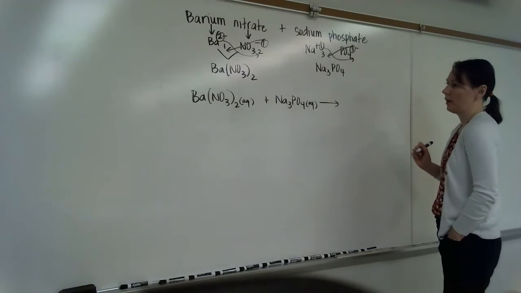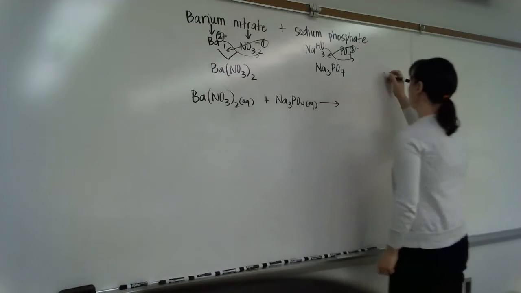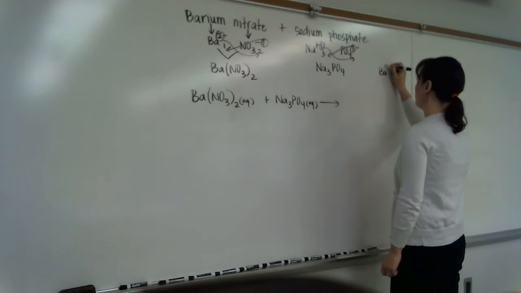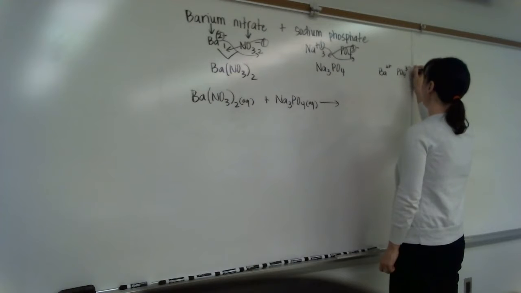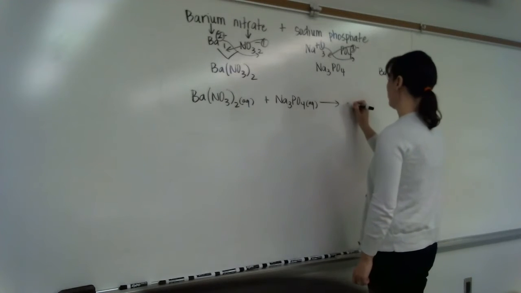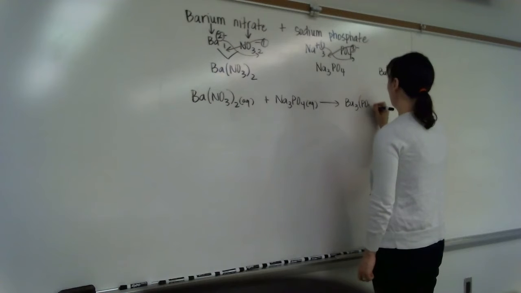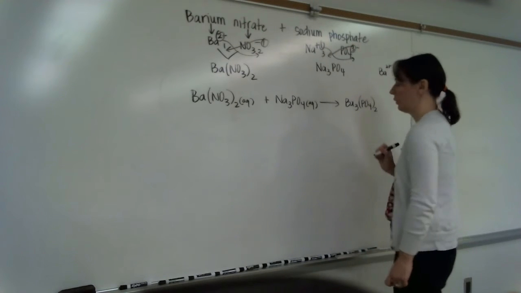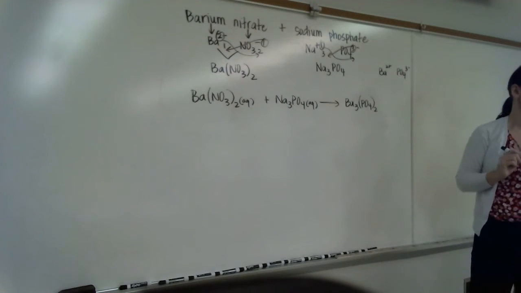So that means our products are going to be barium phosphate. Barium ion is Ba2+, phosphate is PO4 3-. So when we crisscross those, we're going to get Ba3(PO4)2. What's that? Soluble or insoluble? That will be insoluble.